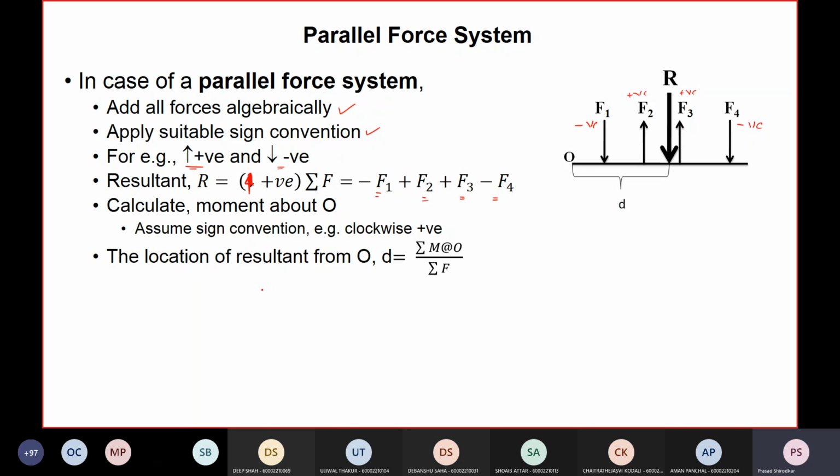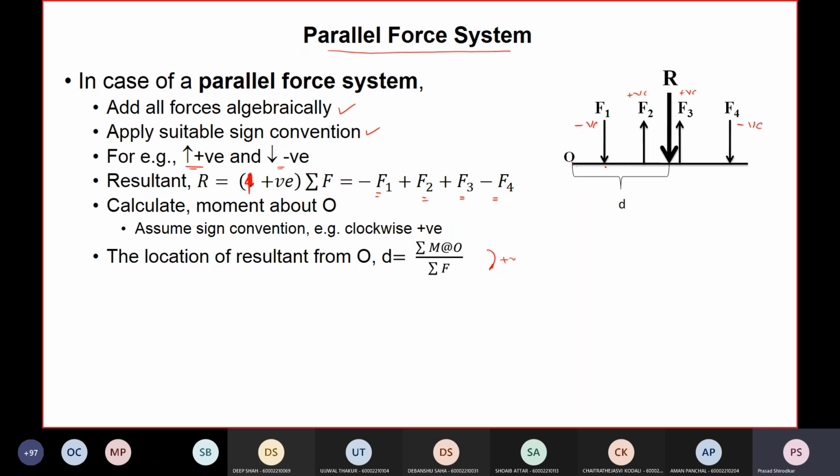Now to calculate moment about O, use the same kind of sign convention, say clockwise positive. Summation F you already know, and summation M about O divided by summation F gives you the distance of the resultant from O. That is how you work for a parallel force system.